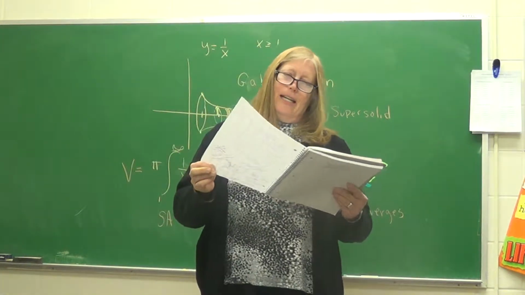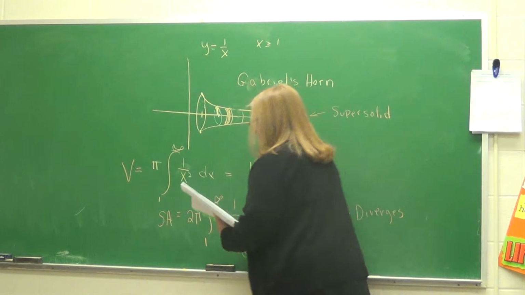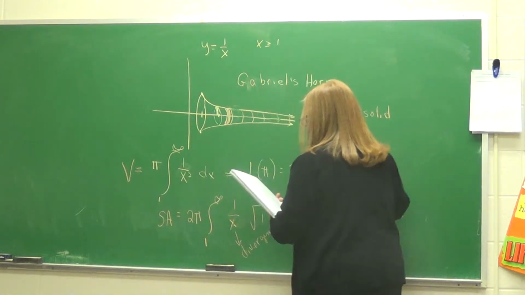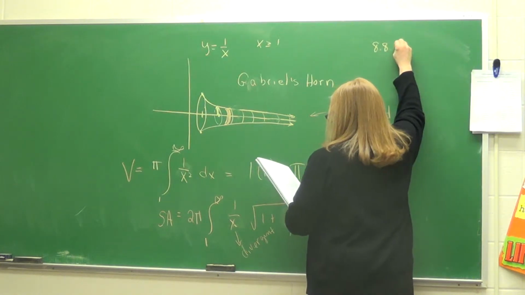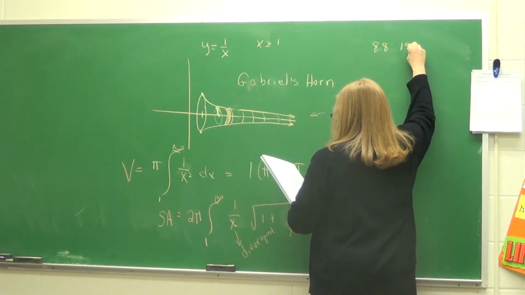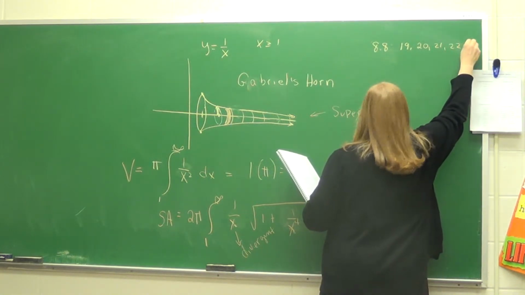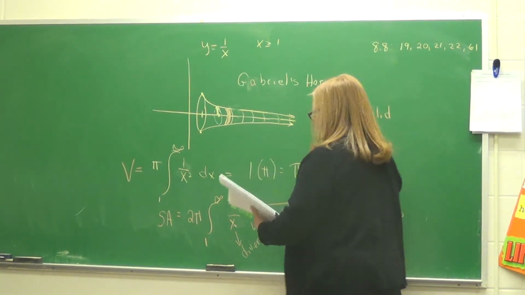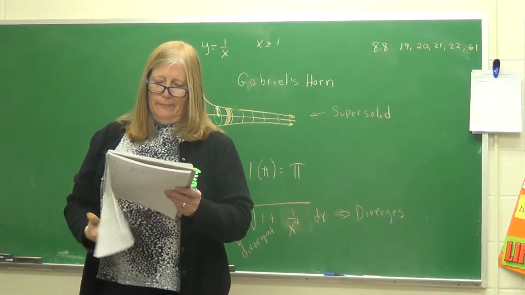All right, so here's the homework. We're still on 8.8. Binders out. Number 19, 20, 21, 22, and 61. That's oddball, but those are the ones that we can use our new theorem on.